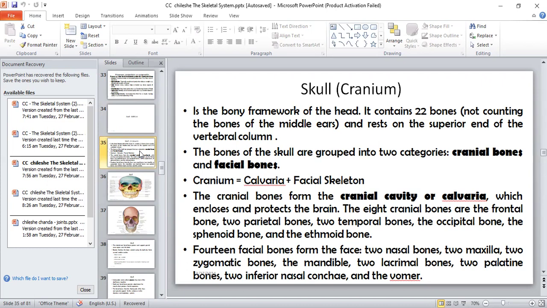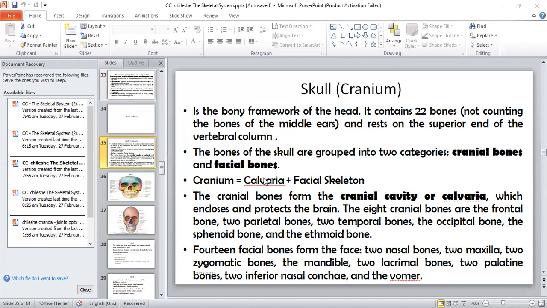So the bony framework of the head is made up of 22 bones. When you count all the bones of the head, they are 22 in number, but this is not to include the 3 ossicles that are found in the ears. The bones of the skull are grouped into cranial bones and facial bones.